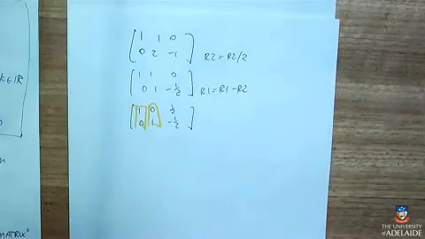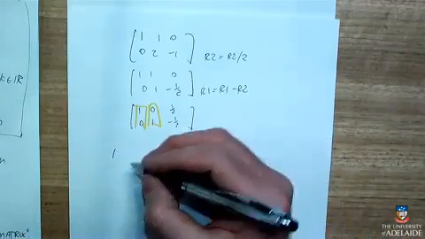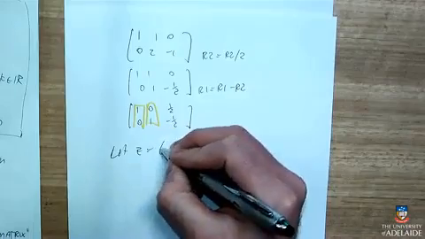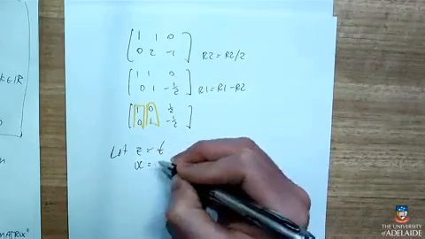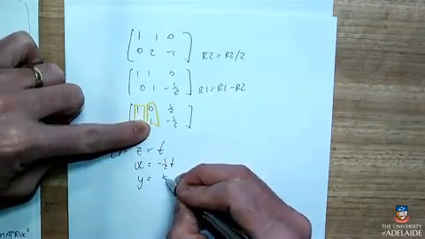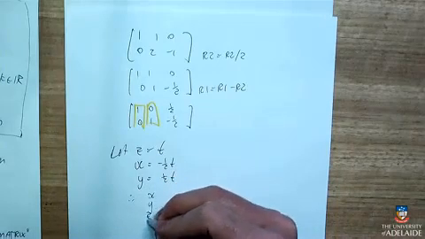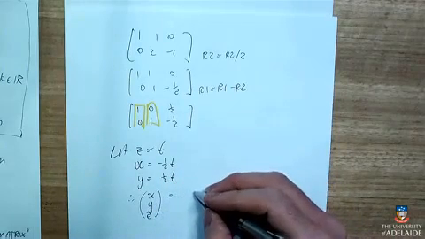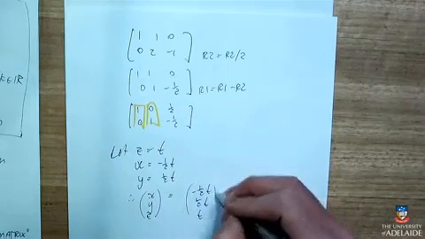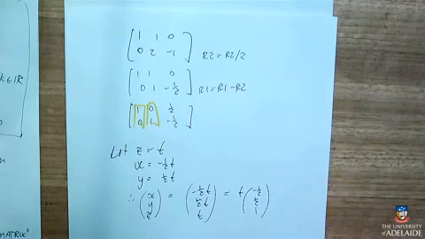So let's see. The null space of A. So first I'm going to let Z be equal to T, then X is equal to minus a half of T, Y is equal to a half of T, and so X, Y, Z equals minus a half of T, a half of T, T, which is that.